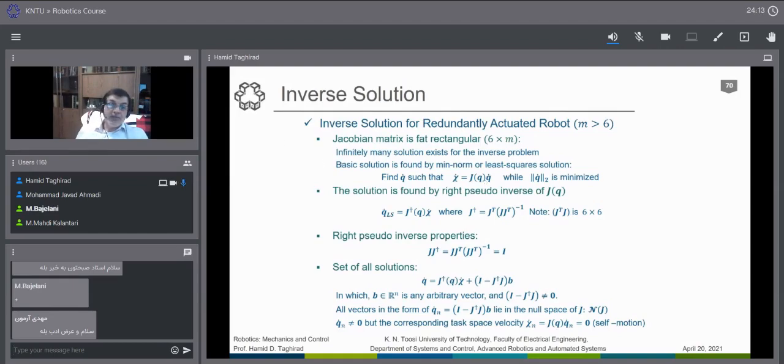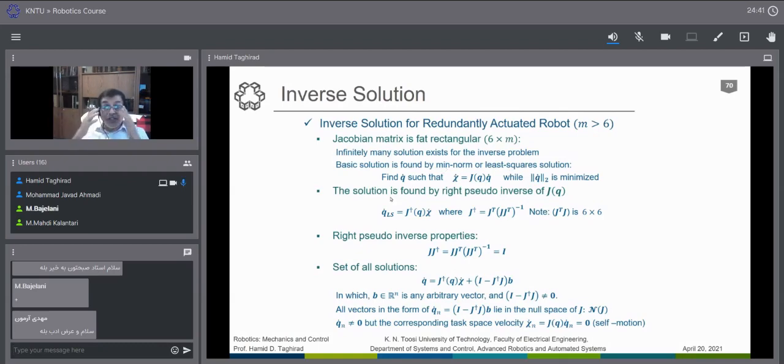The basic solution, the very easy solution, which without any problem you can find with just linear algebra, is the minimum norm solution or the least square solution. We call it the least square solution or the minimum norm solution. This is the pseudo-inverse solution.